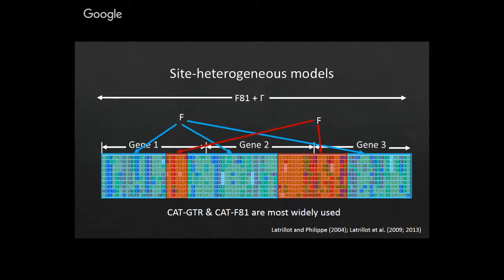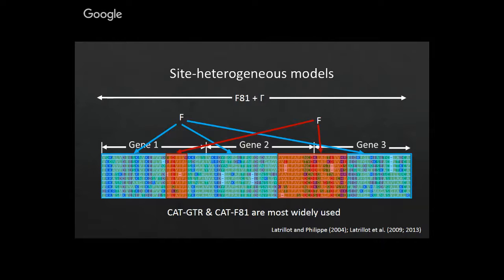These models were developed by Lartillot and Philippe in 2004, and there's been a lot of work on these models. These are not the only site heterogeneous models out there. However, they are very widely used, and I was really interested in what empirical phylogeneticists are currently doing, and whether that is resulting in accurate phylogenies.